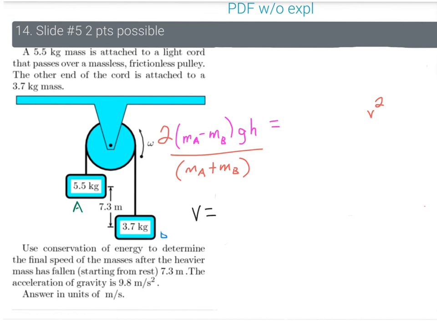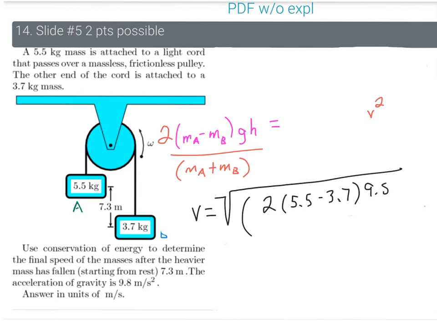So V equals the square root of two times parentheses, MA is going to be 5.5 minus 3.7, and then that's times gravity, which is 9.8, and then times our height, which is 7.3.